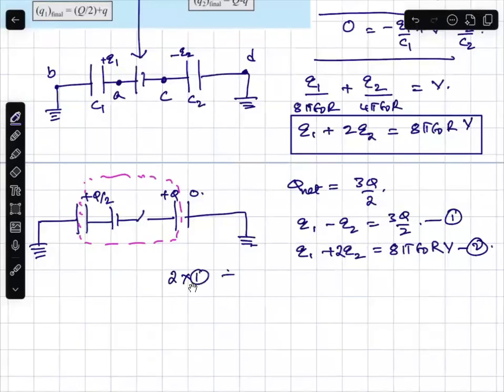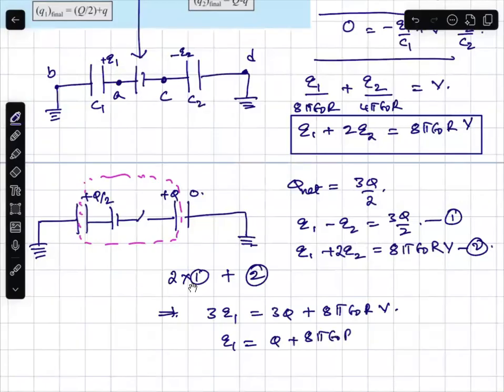2 times equation 1 plus equation 2 we will take up. In that process, Q2 gets cancelled. So you will get 3Q1 is 3Q plus 8 pi epsilon naught RV. So Q1 is Q plus 8 pi epsilon naught RV by 3. Boys and girls, any doubt?